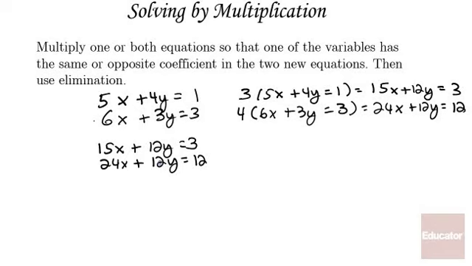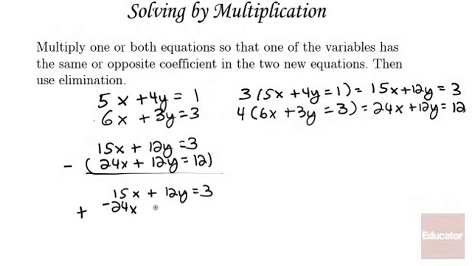I need to subtract. So I'm going to subtract the second equation from the first. And to keep everything straight, I like to go about this by adding the opposite to make sure that I keep my signs straight. So I'm going to add negative 24x minus 12y.